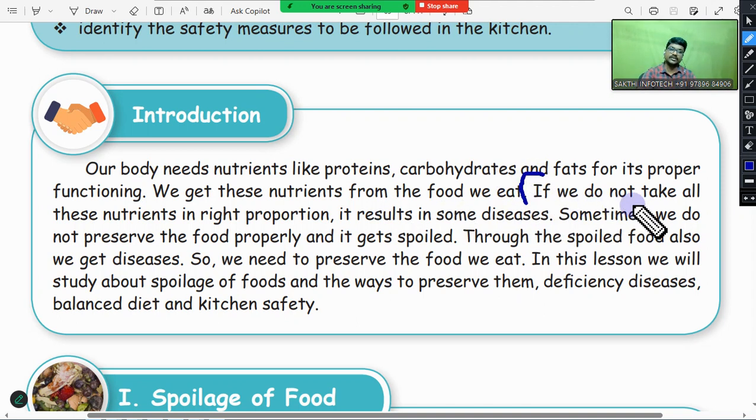If we do not take all these nutrients in right proportion, it results in some diseases. All of you say two times.